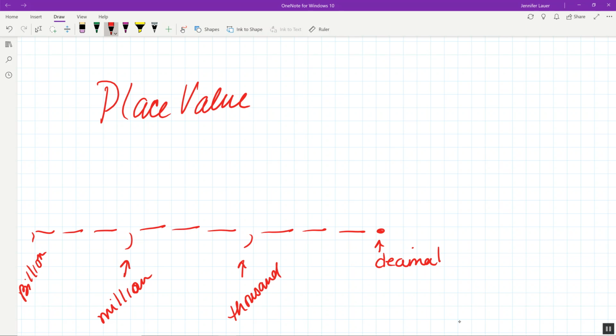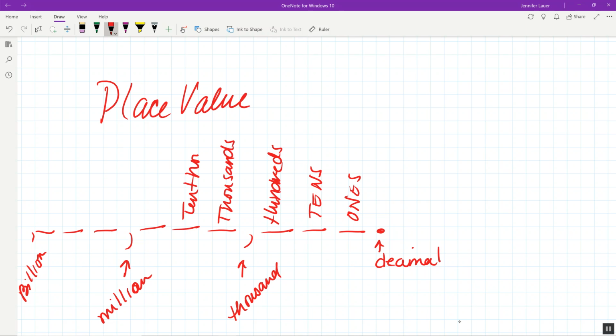So when you're talking about place value, this is the ones spot here. This is the tens. This is the hundreds. This is the thousands. And then you have the 10,000s, the 100,000s.